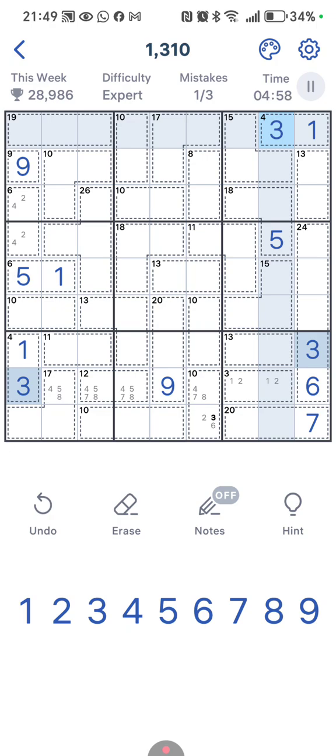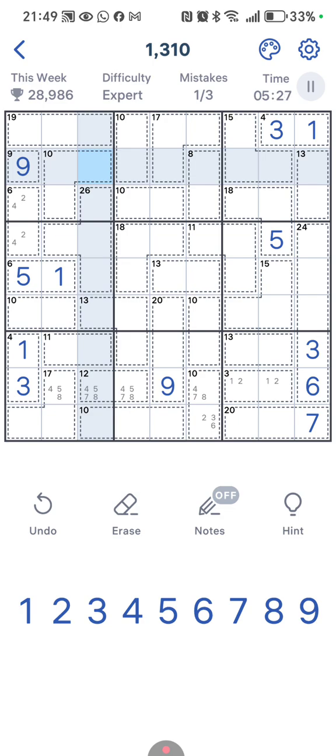Okay, so we've got an internal pair here, okay? 19 plus 10 is 29, plus 9 more, 38. 38, remainder 7.